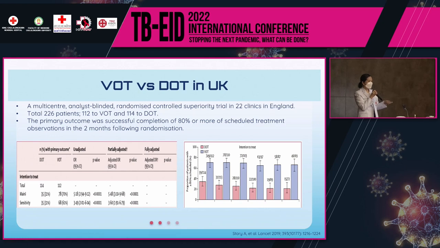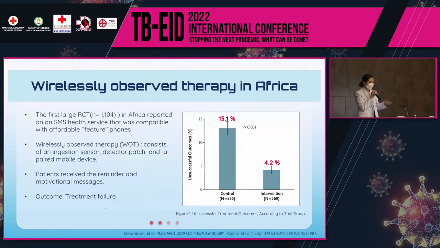So this study showed that video observed therapy had higher adherence than conventional DOT. And this is the first large RCT in Africa, including about 1,100 participants, using wireless observed therapy.